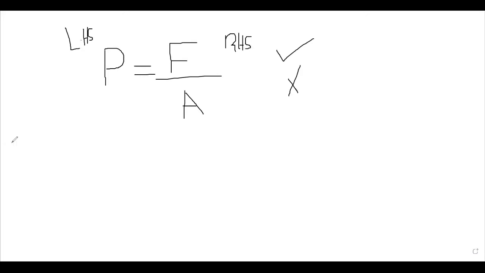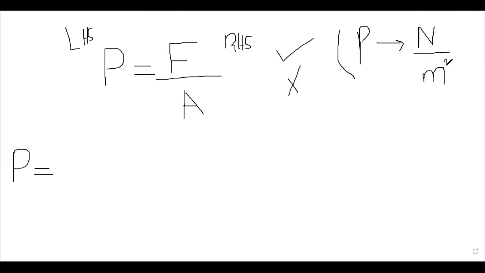You take the left hand side, pressure, and you know its unit is given. Let's say I gave you in the question that the pressure unit is Newton per meter square.